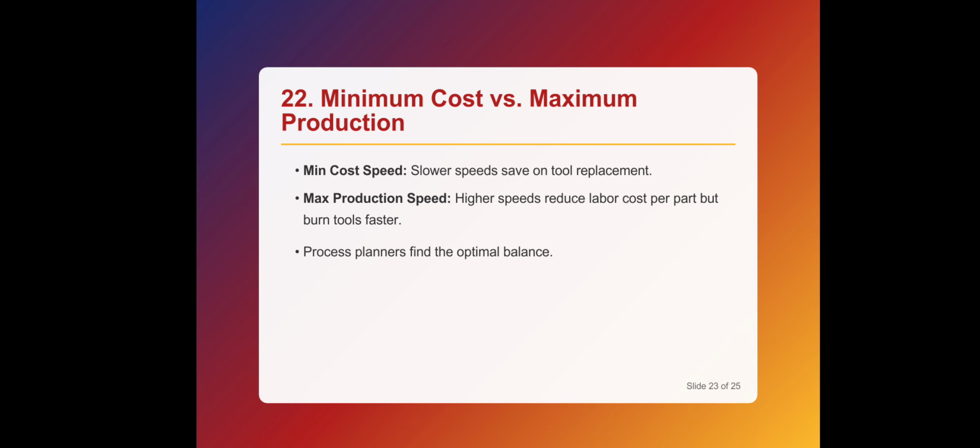So the planners must balance minimum cost versus maximum production rate, according to the minimum cost speed and maximum production speed. Here there are two approaches the planner has to take: manual process planning and computer aided process planning.